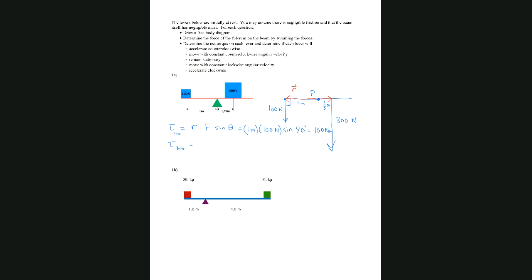Notice that the 100 Newton weight would make our beam want to accelerate in a counterclockwise way about the pivot point P. But the 300 weight makes our beam want to accelerate clockwise. So I'm going to put a negative on torques that are clockwise.